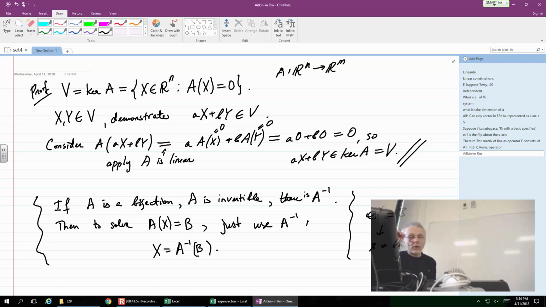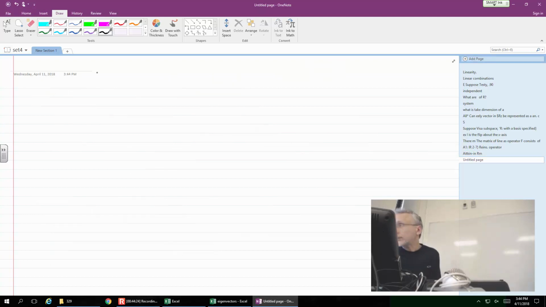If our linear operator is invertible, not only can we solve one system of linear equations, we can solve any system of linear equations no matter what B is, because it's the same matrix. So we solve a bunch of them right away. But we cannot understand inverses and bijections without compositions, so let's look into compositions.